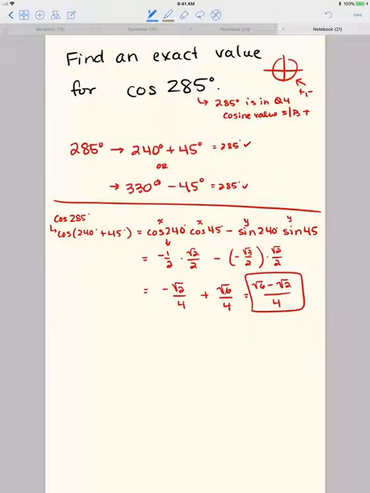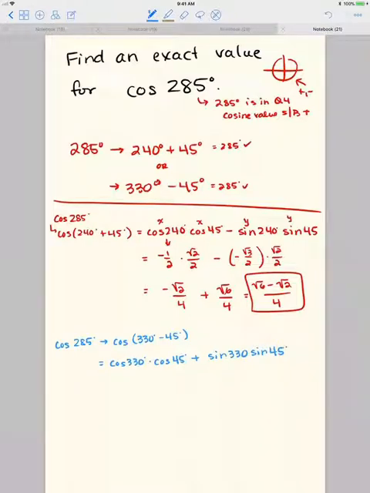Again, just to show some variety here, if I do cosine of 285 as the cosine of 330 degrees minus 45 degrees, that would use a difference of angle formula for cosine. And what that would be, again, pulling from my formula, is cosine of the first angle times cosine of the second angle plus sine of the first angle times sine of the second angle.